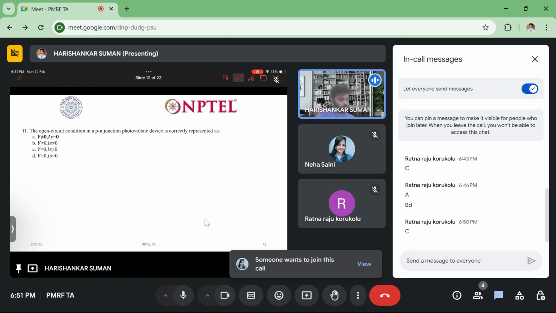Let's see. Okay. The open circuit condition of a PN junction photovoltaic device is correctly represented as... Answer is Z.